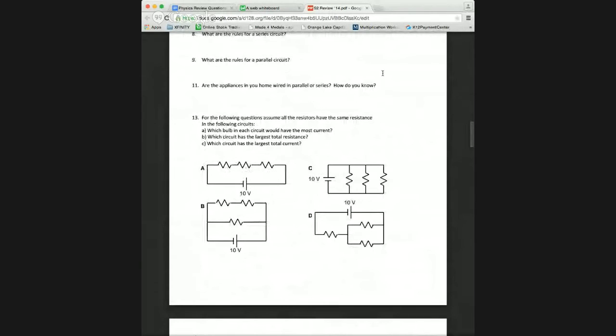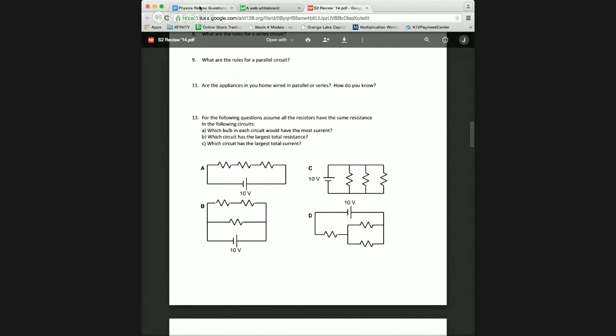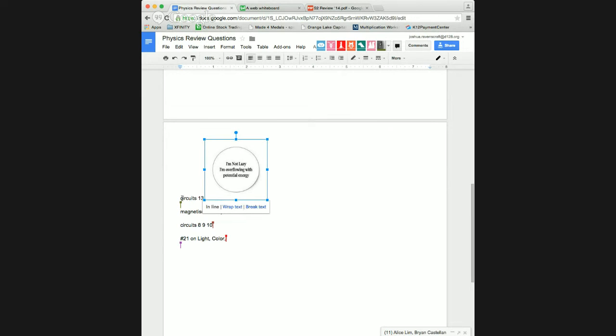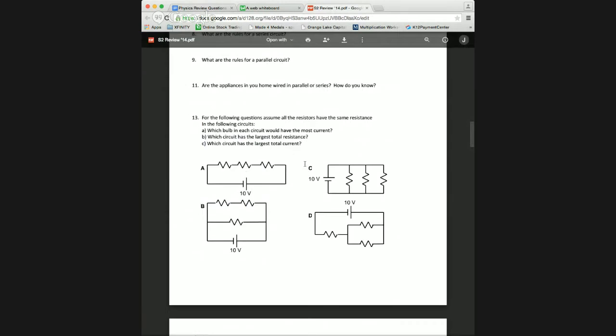All right, so unfortunately I can't draw on this, so we can talk about what the answers are, and then if you have any questions, just write them in next to this one over here. So circuits number 13. For the following questions, assume all resistors have the same resistance.